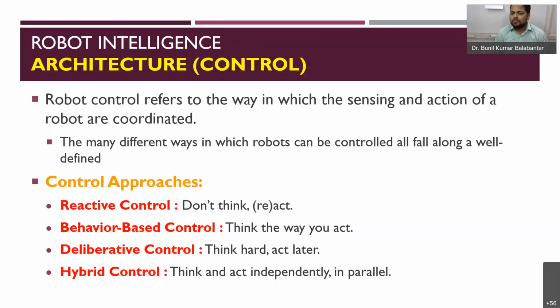Deliberative control means at the current stage you learn, you think, you store your learned information, and later you act on that. Later you perform that particular task. Then there is hybrid control, where all these three other kinds of control are performed in parallel in nature, right? You can think, you can act independently.